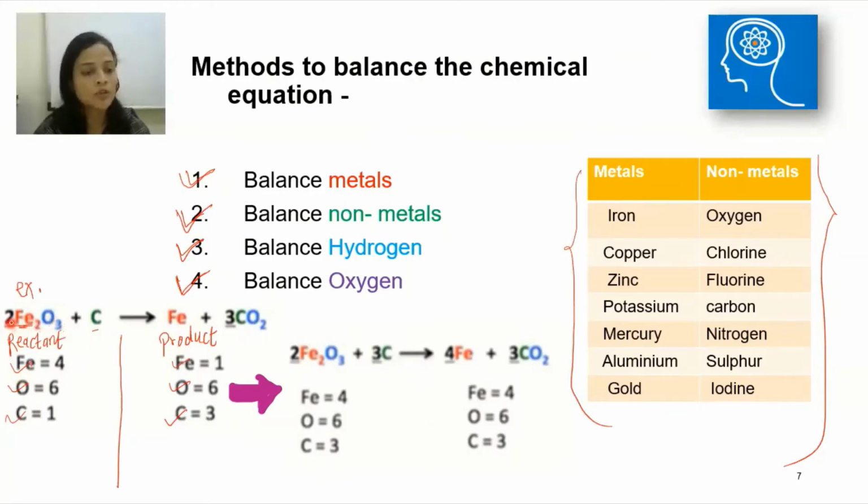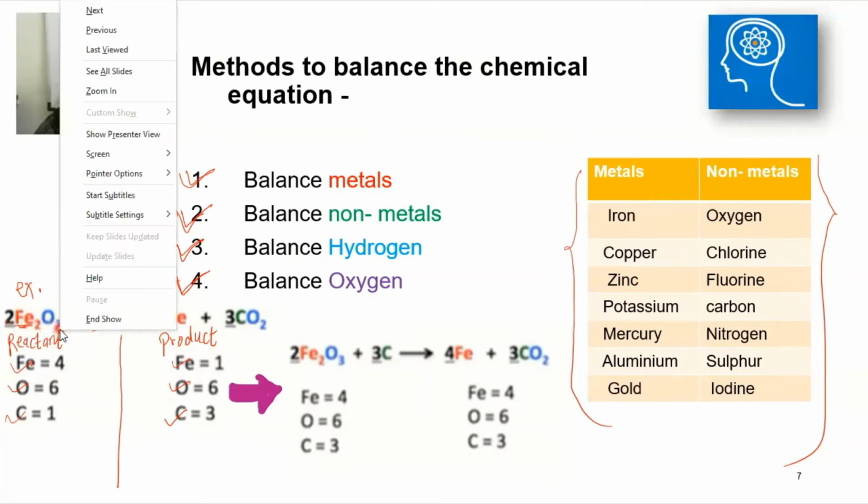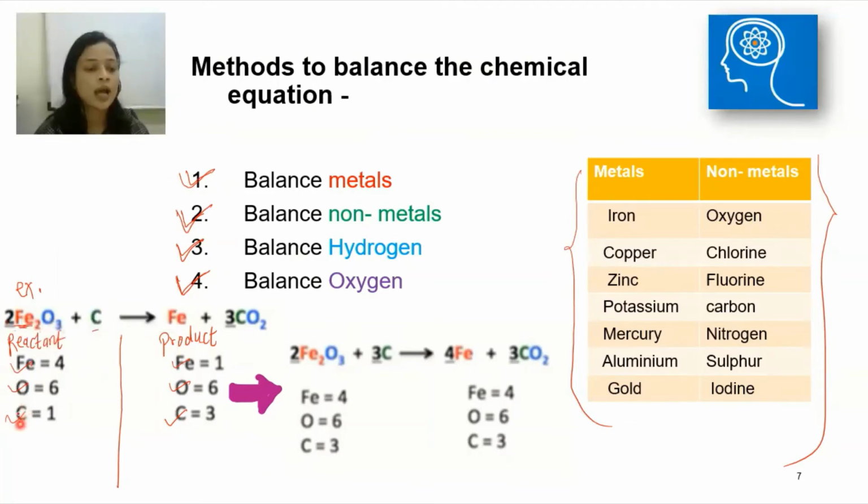The coefficient is 2 and the subscript is 3. So the total atoms of O present on the reactant side are 6. What about carbon? Carbon is only 1. Now we'll move towards the product side.